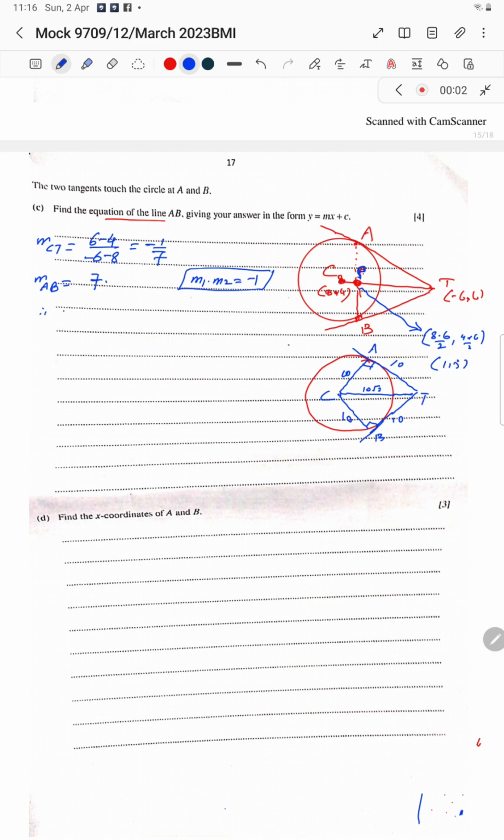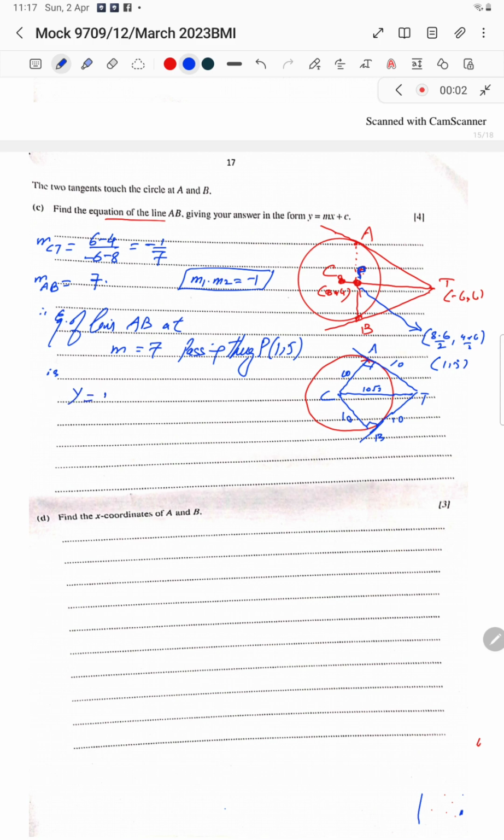So therefore the equation of line AB, with gradient 7, passing through point P, that is (1, 5), is y equals mx plus c.